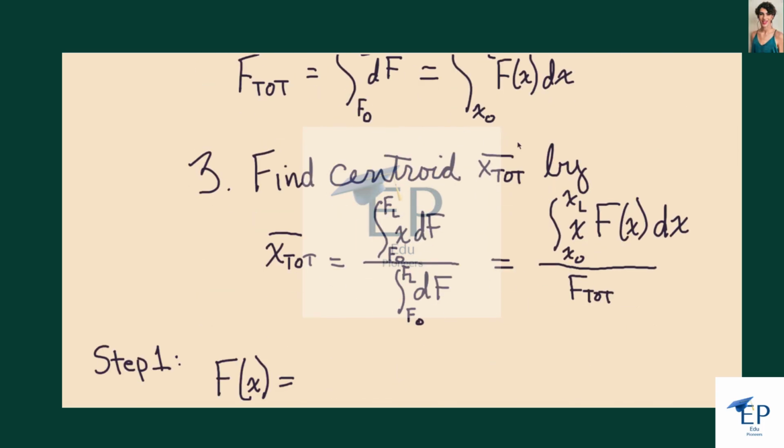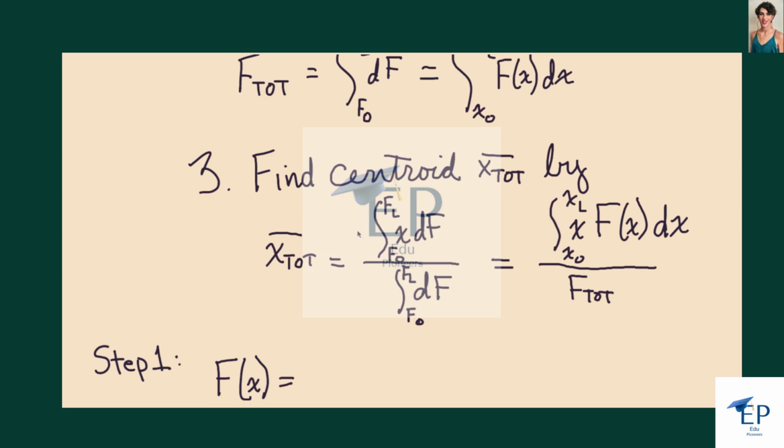Finally, we'll also use that function of load density f of x to determine the centroid. And in determination of that centroid, we'll also use the total load that we found in the previous step. Symbolically, that's represented as the integral of the product of x and differential force load density over the total load.